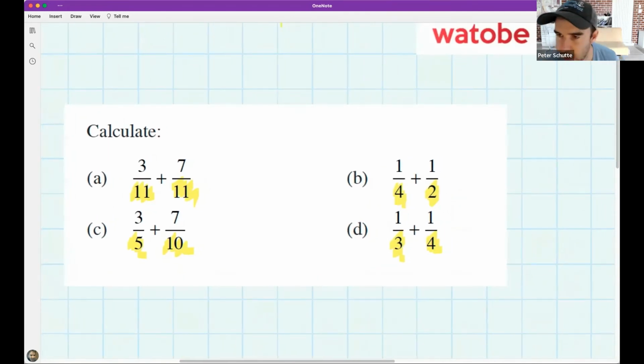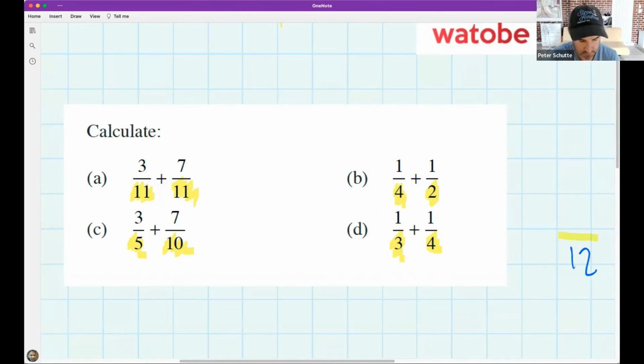Murdy, yes, what is your question? Sir, I would like to answer for D. For which one? D. Okay, go ahead. Give me D. Okay, the lowest common denominator of D is 12. So I say, isn't it 4 times 3 is 12?